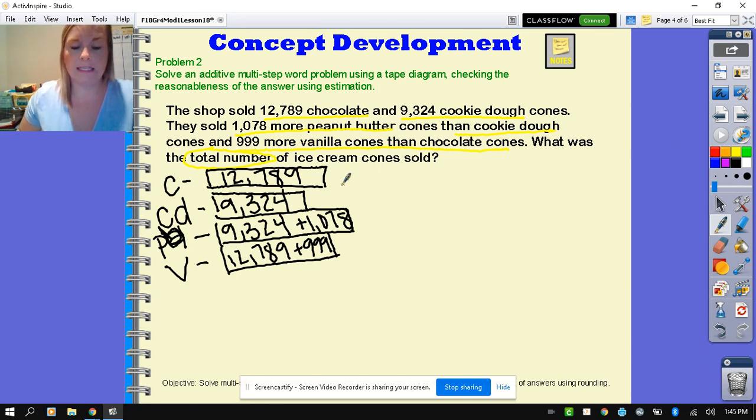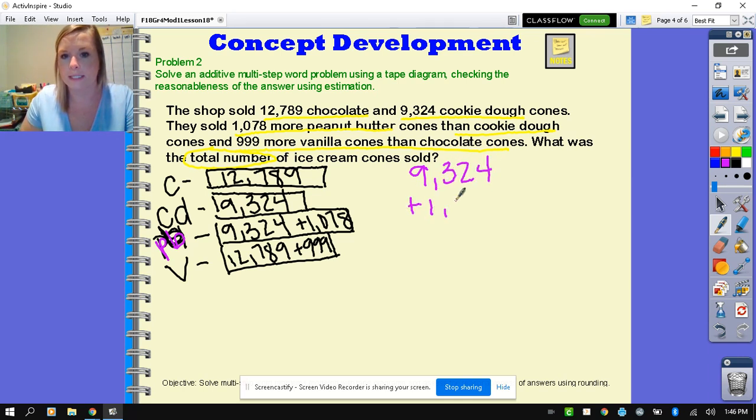Okay, piece by piece. So we already know chocolate, we already know cookie dough, we need to find out our peanut butter. So for peanut butter, we're going to go ahead and add, so 9,324 plus 1,078. And that's exactly what it said, 1,078 more peanut butter than cookie dough. So just making sure my numbers are correct, making sure the math I'm doing is correct.